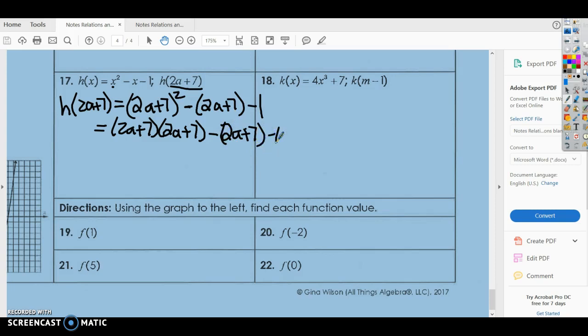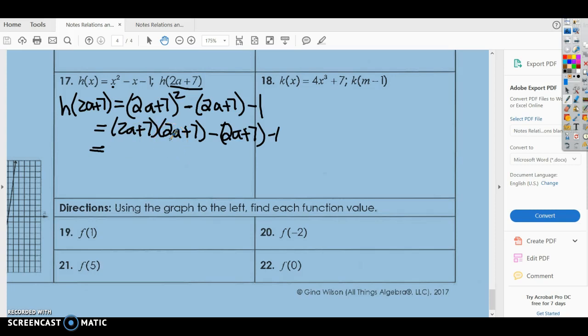Okay, so a lot of people make a mistake here because they try to square the first term and square the second term, and then they forget the middle term. We'll talk about this a little bit later in more detail about how you can do this with a formula or a shortcut, but right now just do FOIL.